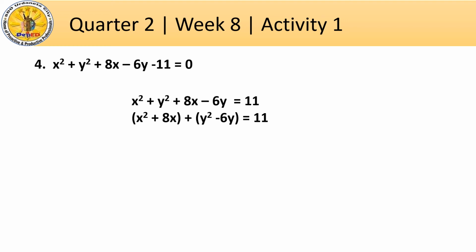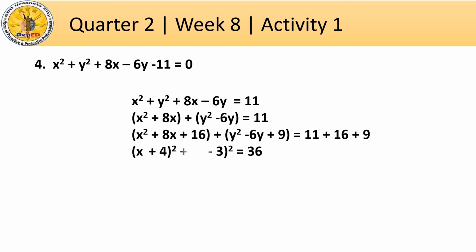is equal to 11. Then you have to change it to a perfect square trinomial. Then don't forget to add the constant term to the right side of the equation.